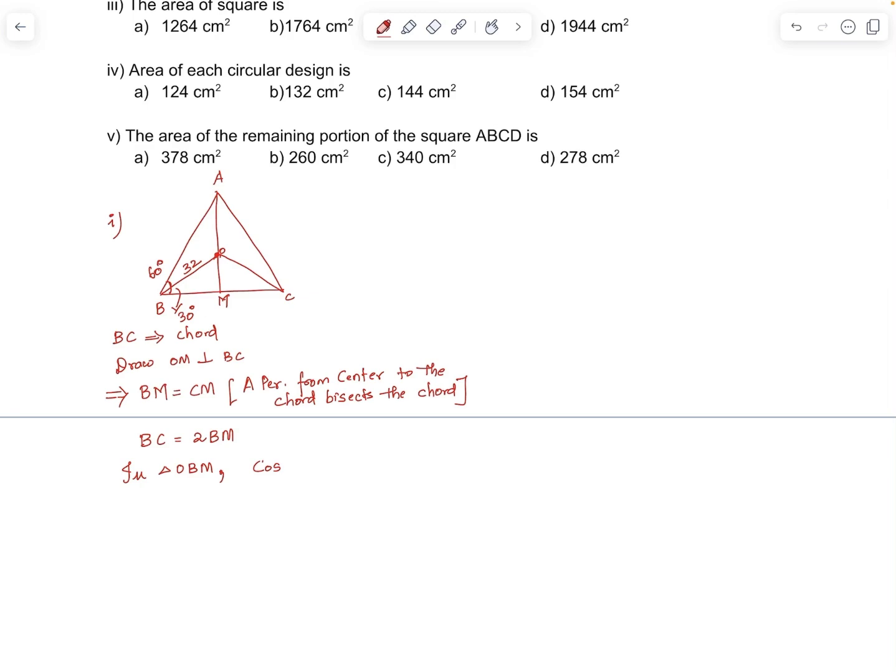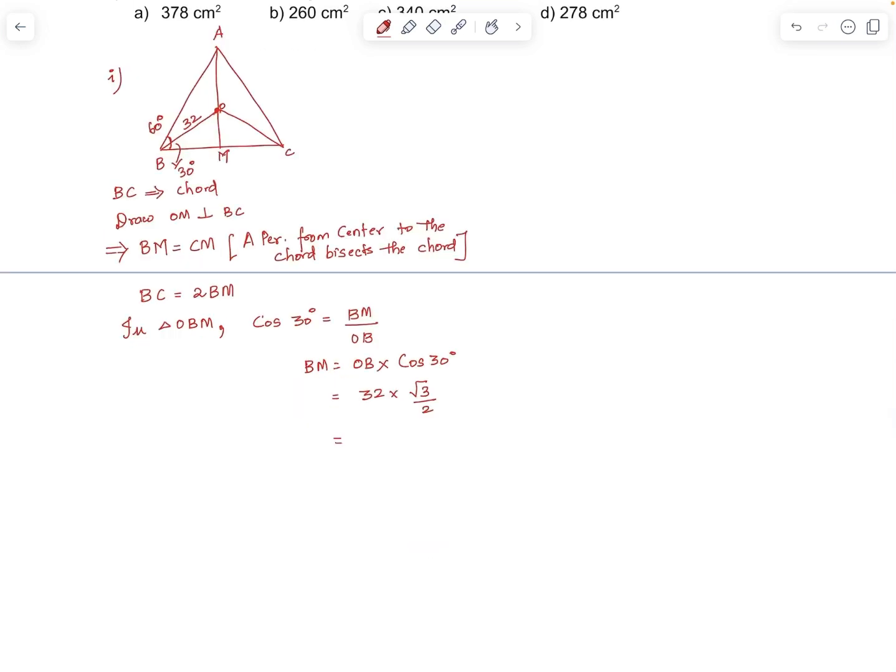Using the cos ratio, cos 30 degree is equal to adjacent by hypotenuse. So BM is OB times cos 30. OB is 32 and cos 30 is root 3 by 2, which gives us 16 root 3.